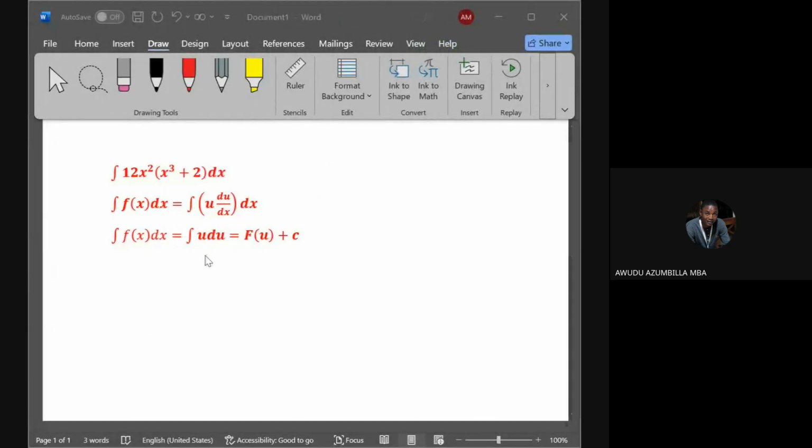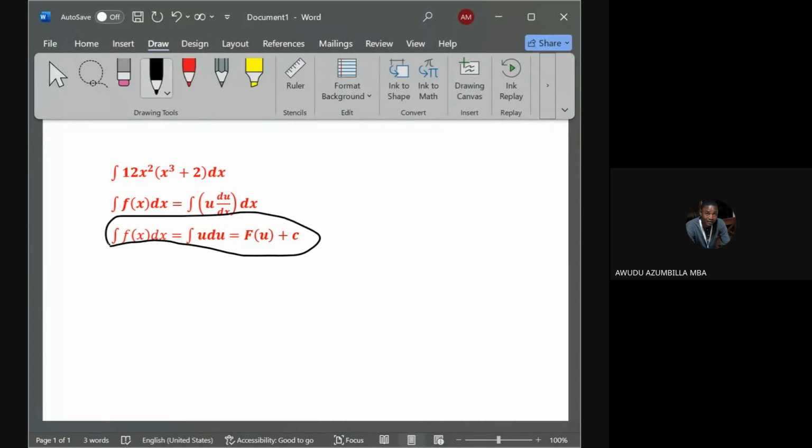Okay, so we are going to follow this format to do the integration by substitution. Okay. So this is the function.